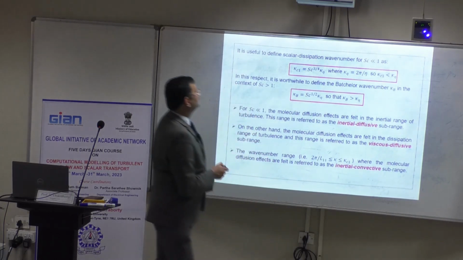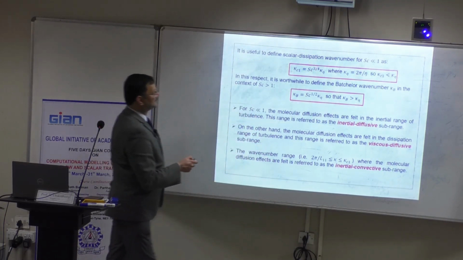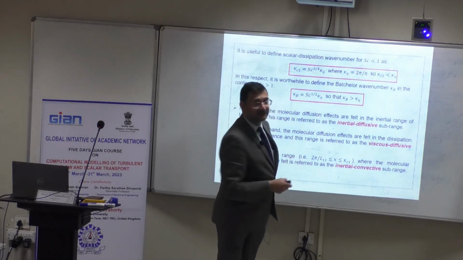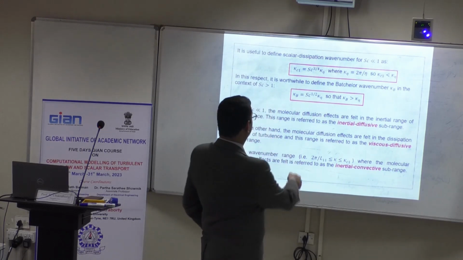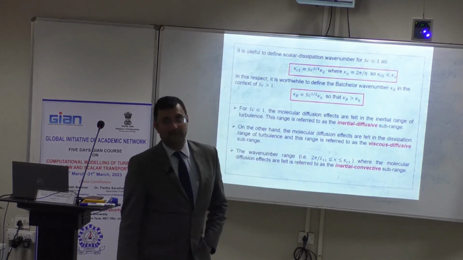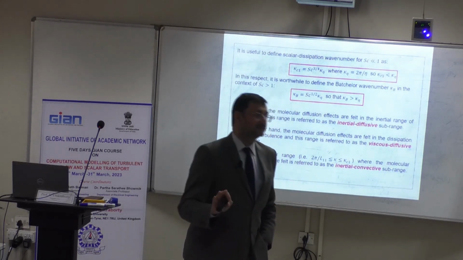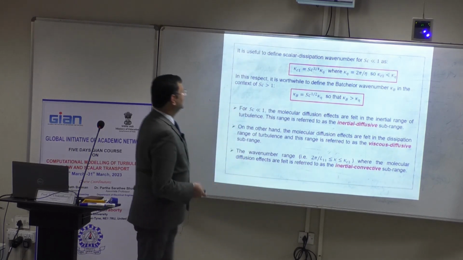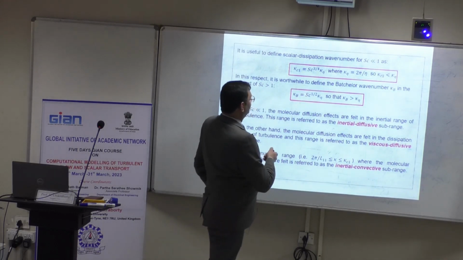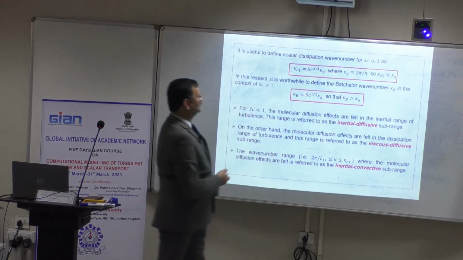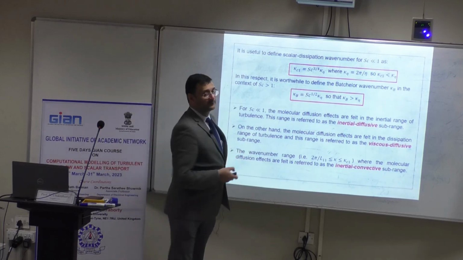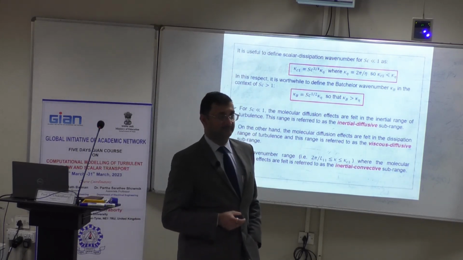If you actually write it down in terms of 2 pi divided by another length scale, that length scale which corresponds to this wave number is called the Obukhov-Corrsin length scale. Just for information's sake, nothing else. This one, for Schmidt number greater than 1, is given by this, and kappa B is the wave number corresponding to the Batchelor length scale.